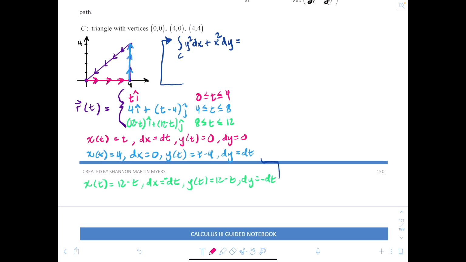Our first integral goes from 0 to 4, and y at t was 0, so we'd have 0 squared dx, which is dt, plus x at t was t, so t squared, and dy was 0, so that whole thing zeros out.